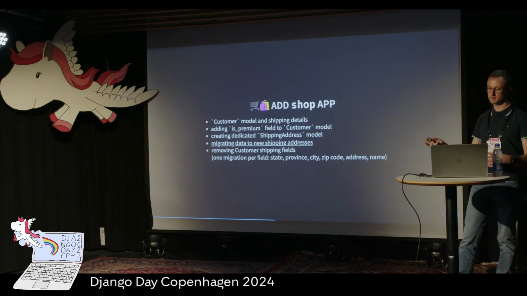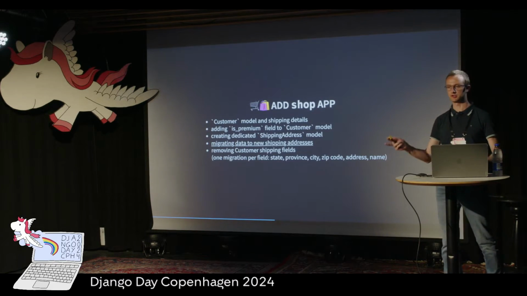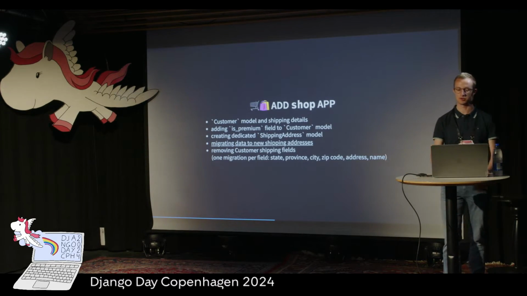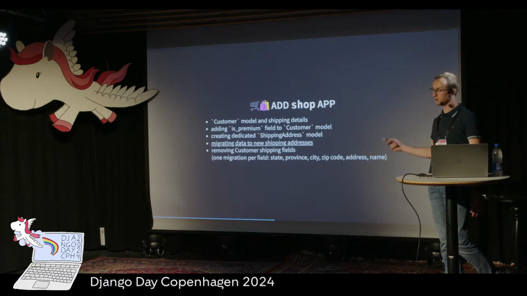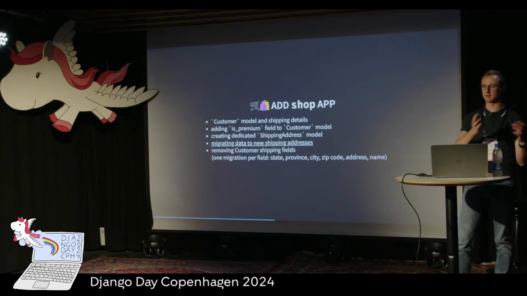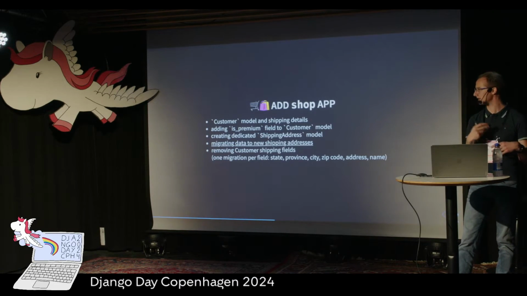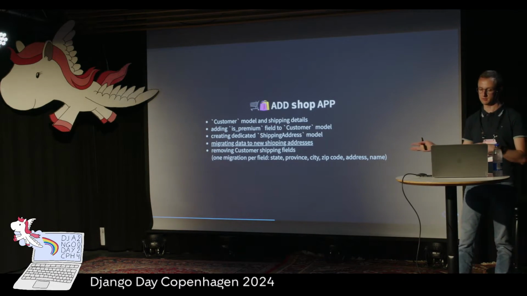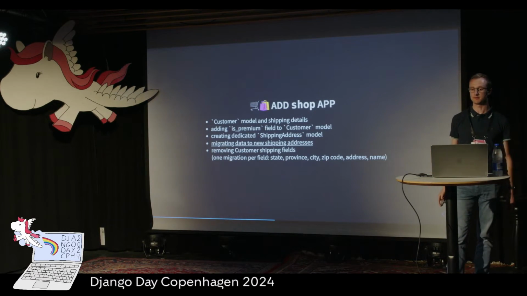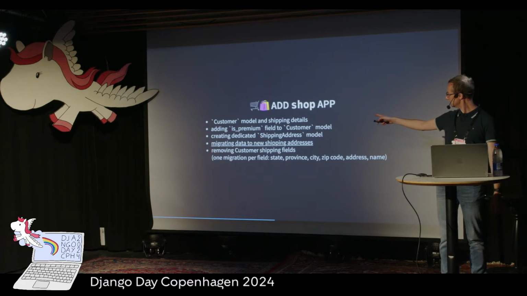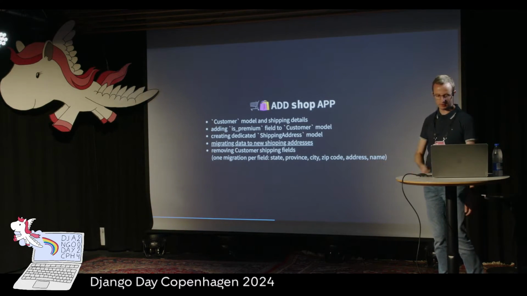Then you create everything. You create dedicated shipping addresses because each customer may have different shipping addresses. Then you need to migrate the data from the customer model with a single address in it to the new model. And then you need to remove the customer shipping fields. So let's see the highlighted point.